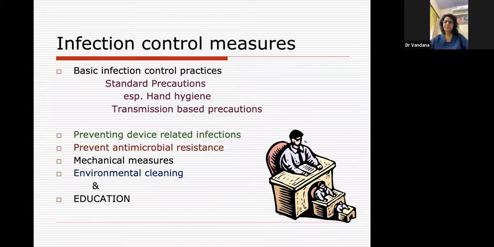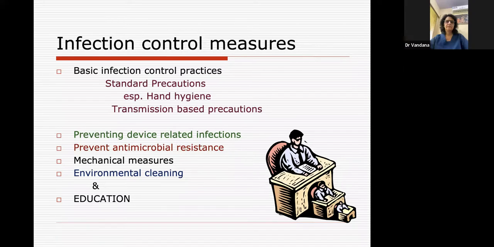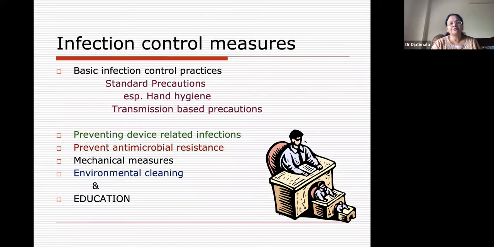These are the infection control measures we'll talk about. The basic infection control practices, the standard precautions, especially the hand hygiene, then the transmission-based precautions. Preventing device-related infections, prevent antimicrobial resistance, mechanical measures, environmental cleaning, and education.